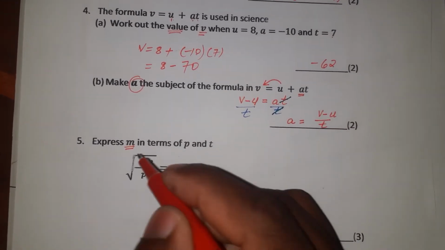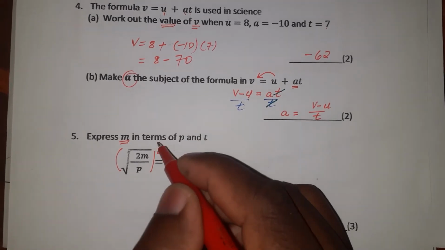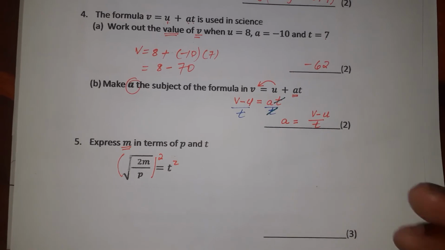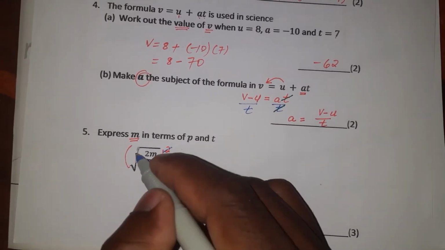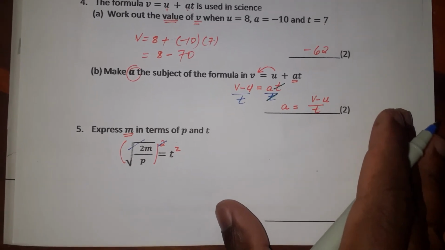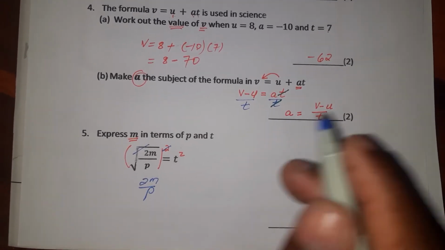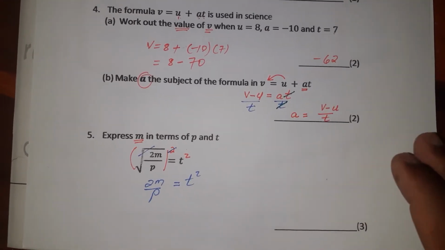And we get rid of the square root by squaring on both sides. What we do this side, we also do it this side. Once we do that, the square here will cancel with the square root. Then this side we only have 2m over p. And this side we have t squared.